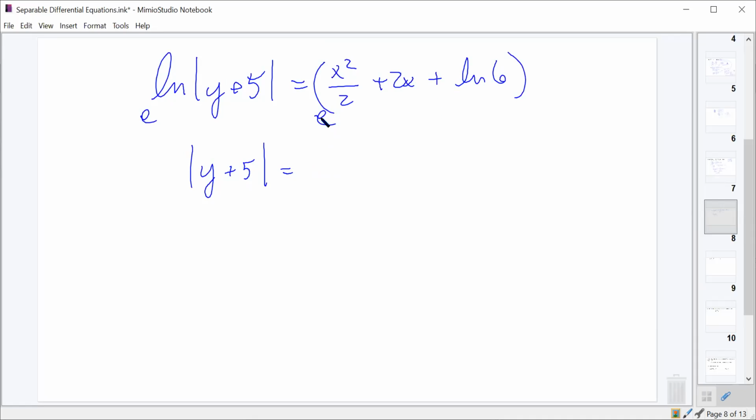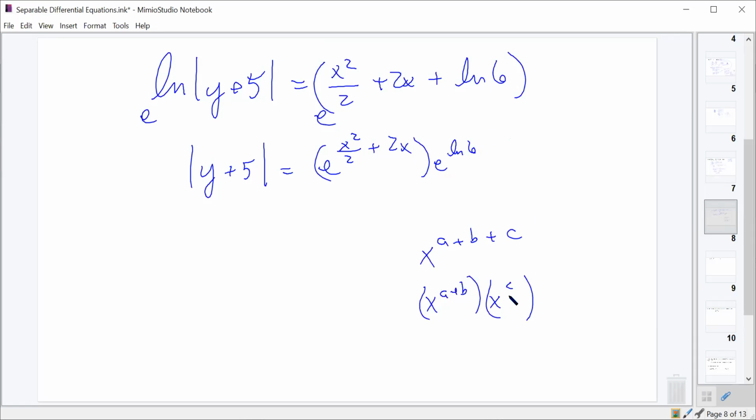and anytime I have e to some power of a bunch of things being added together, what you want to do is take the terms that don't have a natural log, the x squareds and the x's, and put them as one e to a power, and then multiply that by the other one. Because if you think about exponent rules, x to the a plus b plus c can be rewritten as x to the a plus b times x to the c.